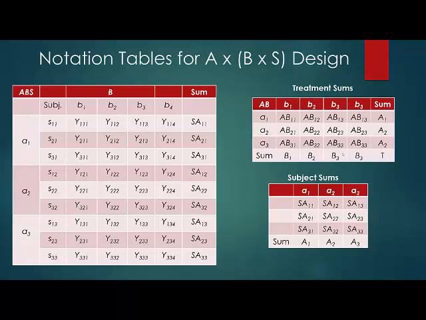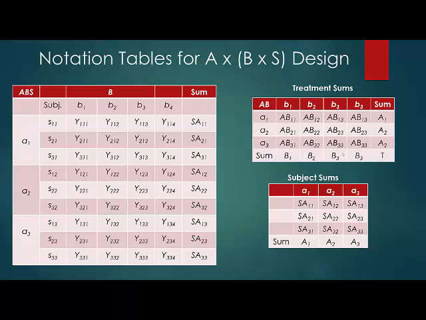Likewise within the cells below it. So the capital AB sub 11 in the upper left cell is the sum of the 3 people's scores within factor A level 1 and factor B level 1. So there's 3 scores we have added up there.